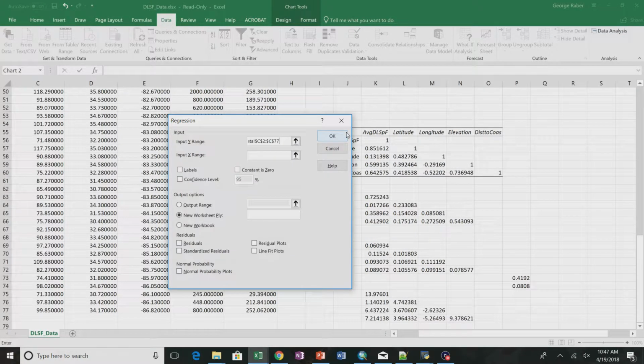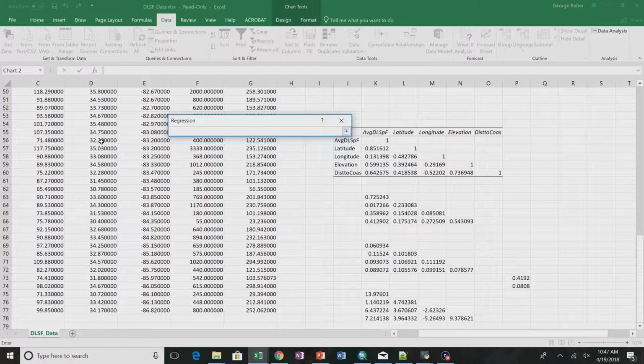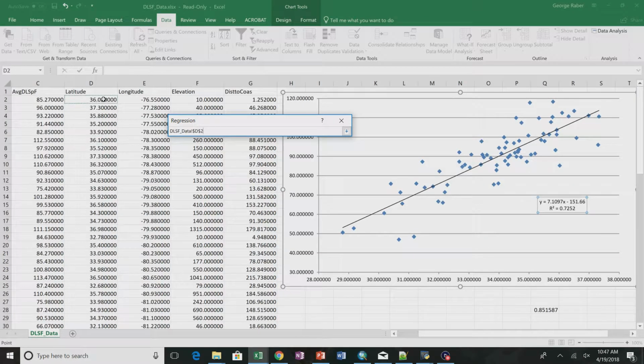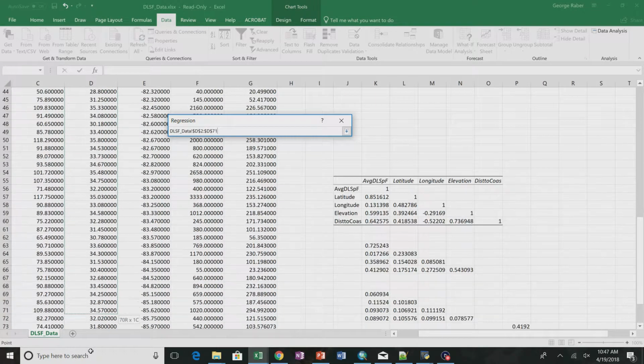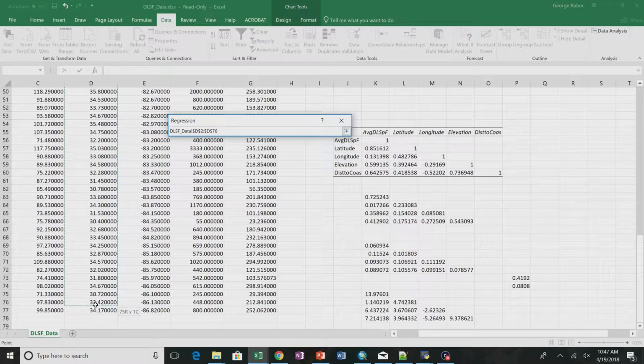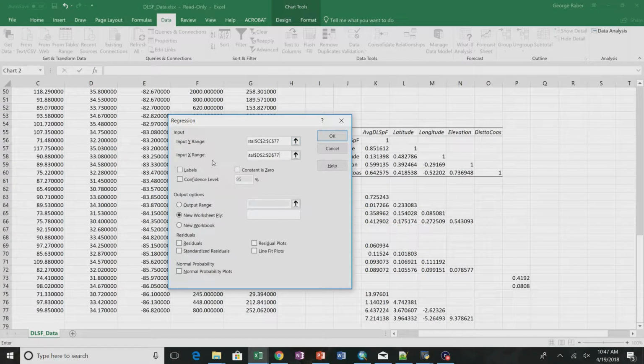And then I choose the X range. That's the latitude. The reason why that's the X is because we're using latitude to predict the Y value. Then I'm going to put this in a new worksheet ply. I'm also going to check these boxes for now, and we'll come back to what they are in a second.